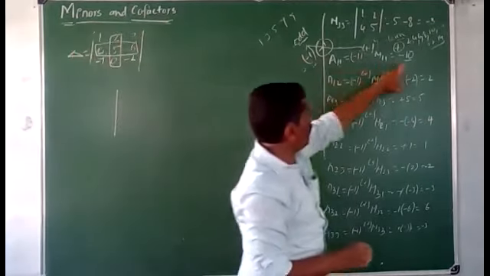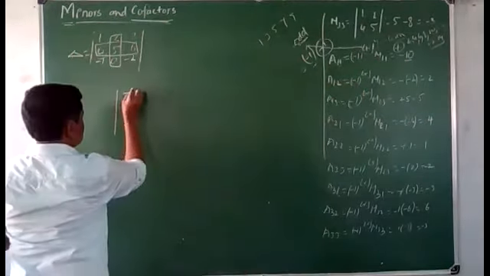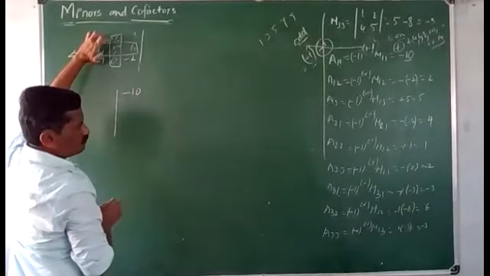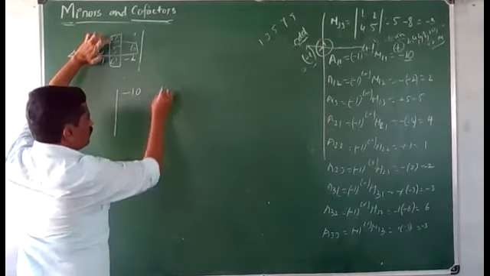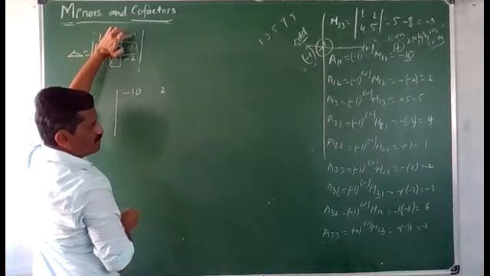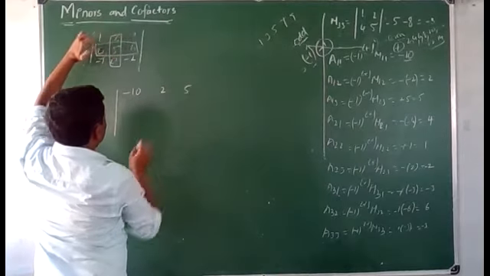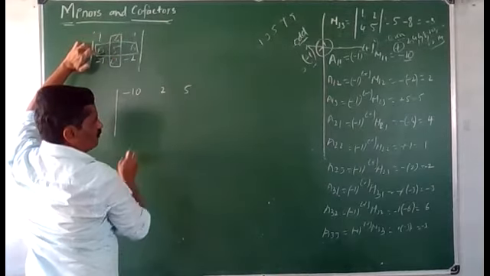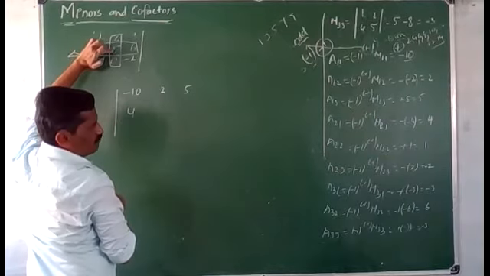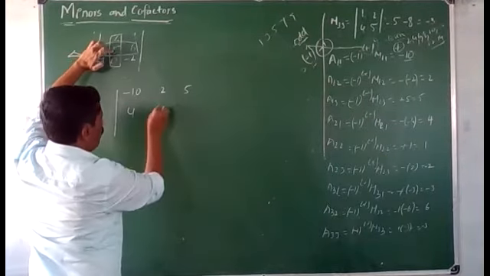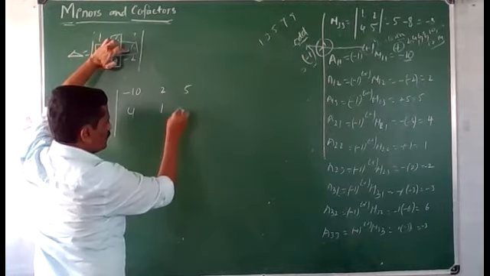That is A11, we have minus 10. What is the cofactor of 2? We have 2 itself. Cofactor of 3, we have 5. Cofactor of 4, we have 4. Cofactor of 5, we have 1. Cofactor of 6, we have minus 2.